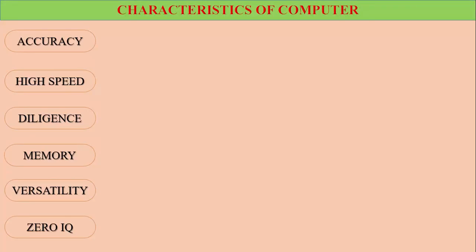All computers, irrespective of their type and size, have common characteristics: speed, reliability, high storage capacity, and efficiency. Computers provide the processing speed required for facilitating their use in many ways.